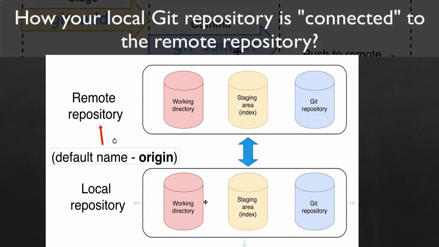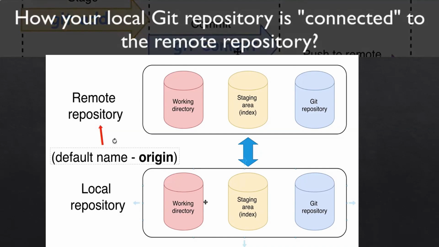If he runs this command locally and pastes it, it clones my remote repository to his local desktop. After that, automatically a link to the remote repository is created, which is by default named origin. So origin is a name that is created automatically by Git after cloning on another computer.